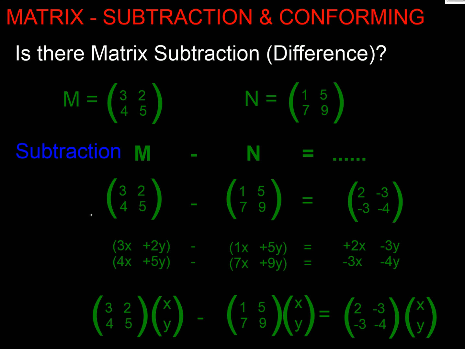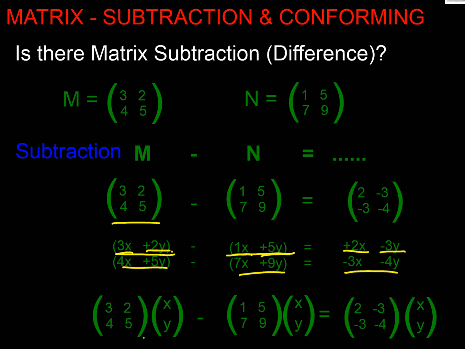Well, given what we just did on addition, we can probably see that if I've got 3x plus 4y from the m vector here, and I'm taking away from the n vector 1x plus 5y, then what am I going to get left with? Well, in my x's, I've got 3 take away 1, so I've got 2 x's, and in the y's, I've got 2y take away 5y, I'm going to get minus 3. And doing the same below, we can see that that follows.